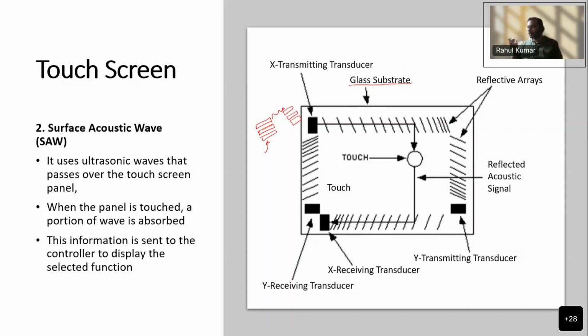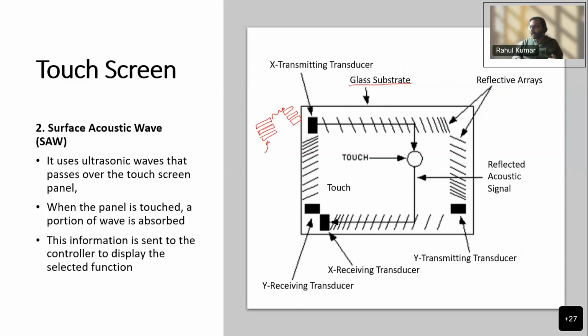Now the property of this wave is that it will travel on the surface of this substrate, right? Not through the substrate, it will travel on the surface.